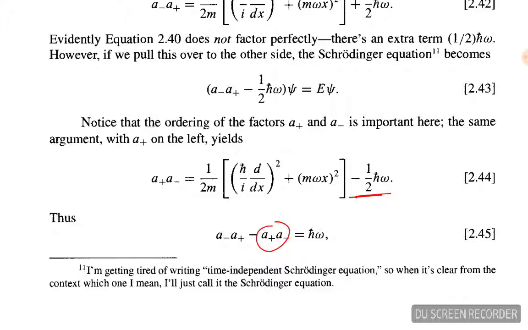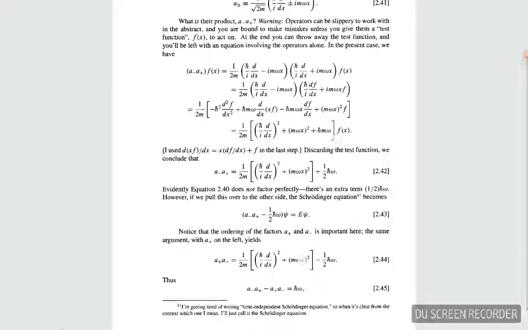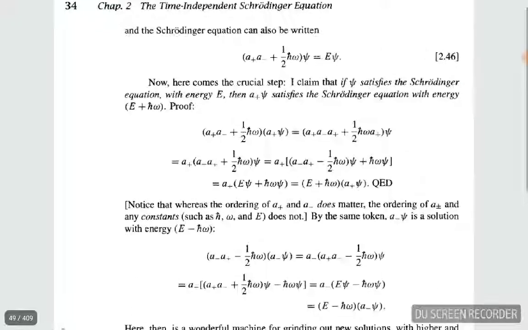What you'll notice is you will get a factor of h bar omega. So these two operators multiplied together do not commute. They have a factor of h bar omega that causes them to not commute. There's the result that I got.